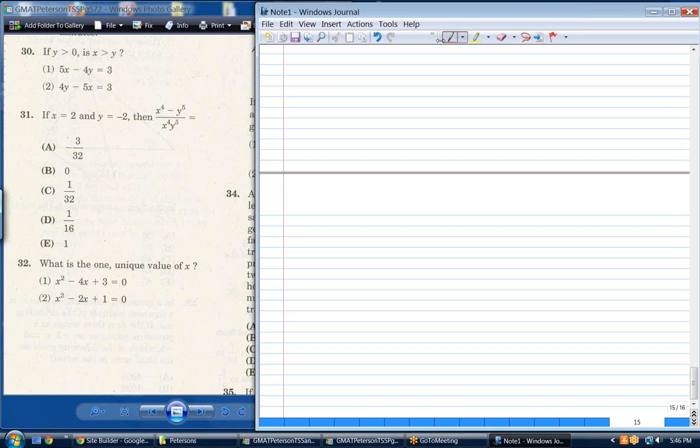Mm-hmm. Right. Okay, so how about number 30? So y is bigger than 0, and x is bigger than y. Is x bigger than y? Will you just solve the equation?